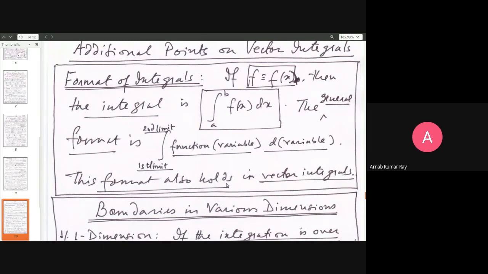So this format also holds in vector integrals. This is something important for you to understand. If A is a function of space, therefore you will have to put dl, dA, whatever. Except that if it's a vector, you'll have to worry about dot, cross, all that business. Then from the first limit to the second limit.